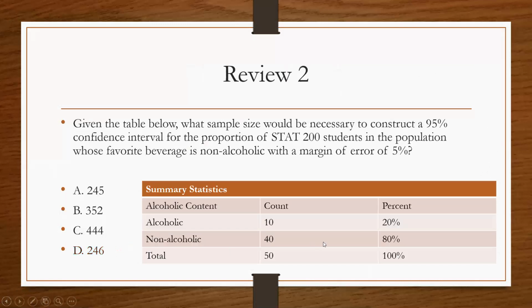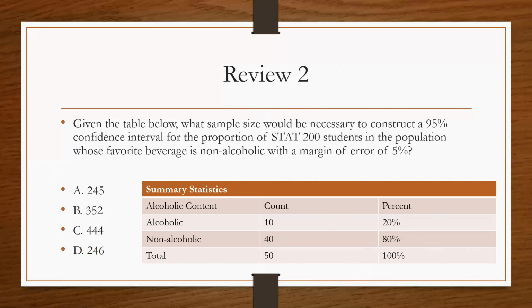Go back into this. Basically, we don't know what the proportion is, so we're using the one that we know, which is the non-alcoholic. So it'd be 0.8 and 1 minus 0.8, because that's what we're targeting to meet the 80% threshold. What we're looking for is how large a sample size we need, so to hit that threshold we use the 80% that we got.